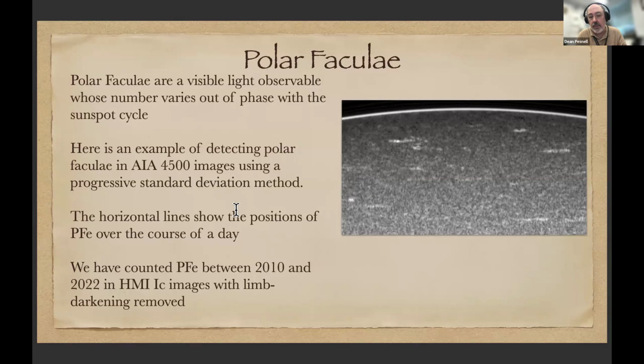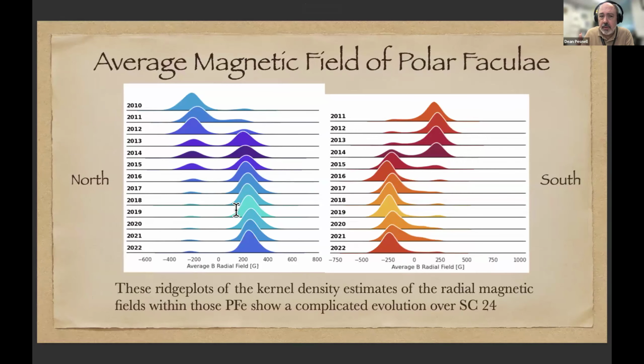We've now counted faculae between 2010 and 2022 in HMI IC images that have had limb darkening removed. This is very similar to what Andres did with the MDI measurements. But what I would like to talk about today is the average magnetic field of these faculae. Now, we assume, based on what you saw from Hinode, that the large magnetic fields we see in the faculae mean that they're pretty much the total contribution to the field in the polar regions.